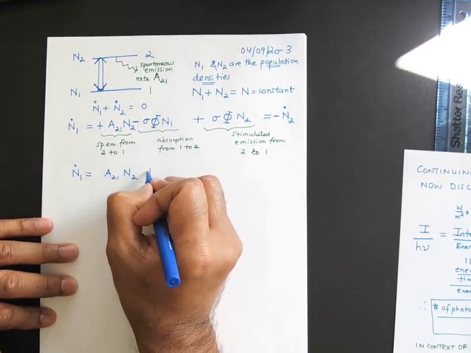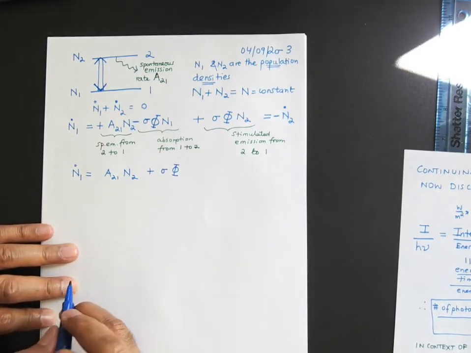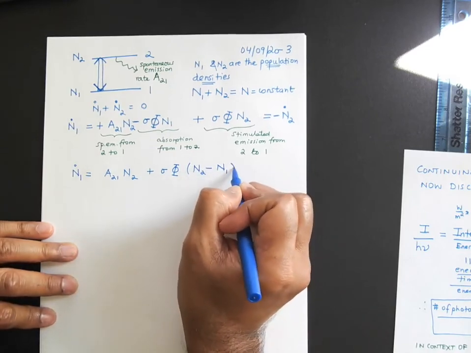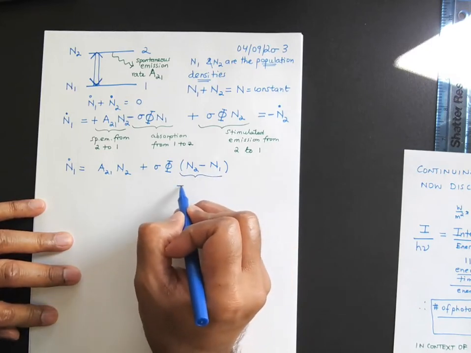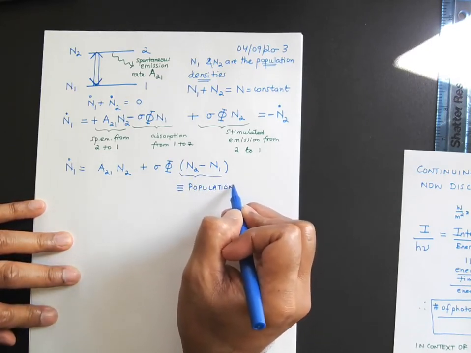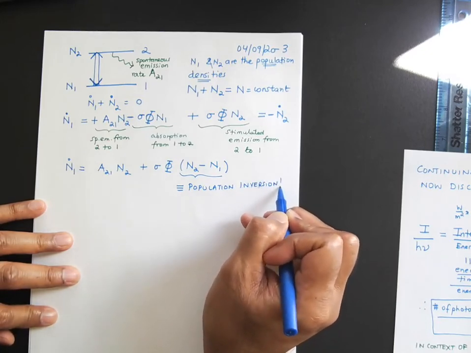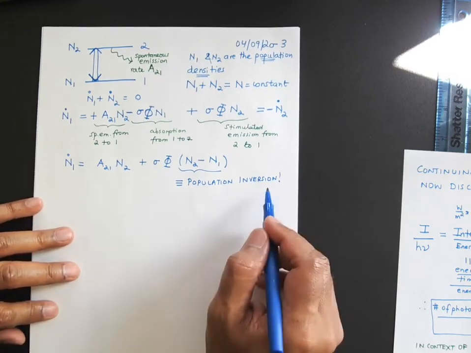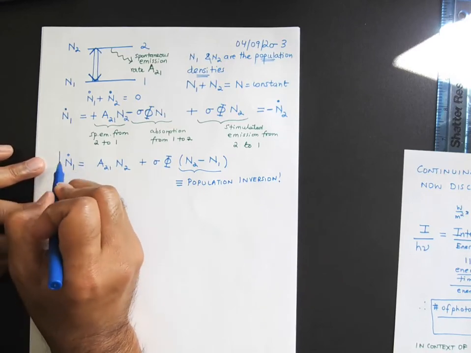You have a sigma phi, and then you have n2 minus n1, and the reason I wanted to do this is this is a very important thing. That's your population inversion. This is very important because you need a population inversion for lasing action to happen. Okay, and I'm going to put a box around this.